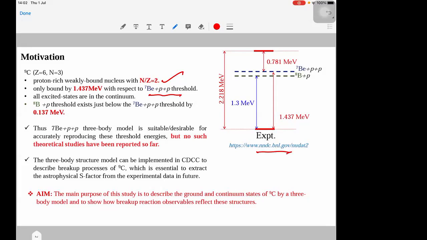In 9-carbon, the 3-body threshold is just 1.4 MeV, and all excited states of 9-carbon are in the continuum. There also exists a 2-body threshold, the 8-boron plus proton threshold, just below this 3-body threshold by 0.137 MeV.